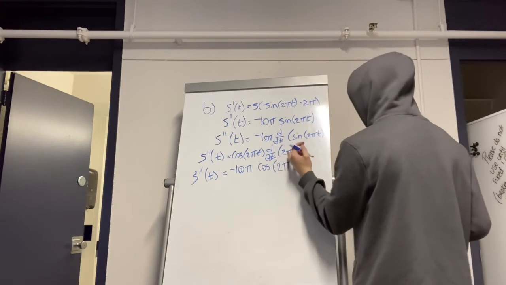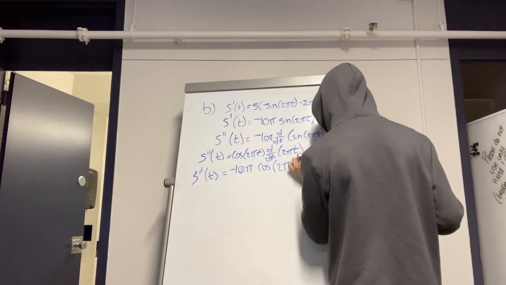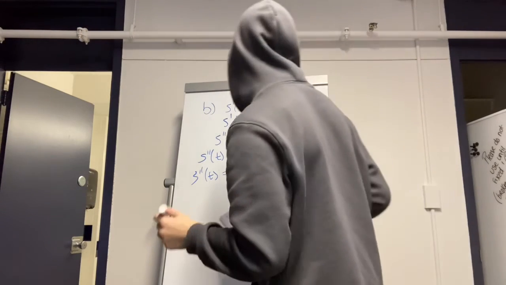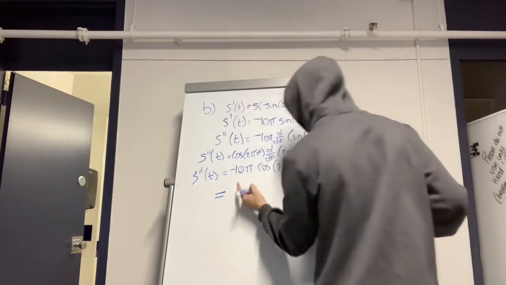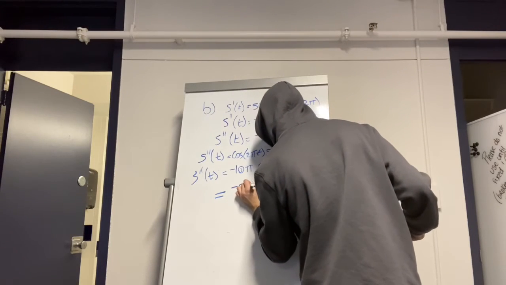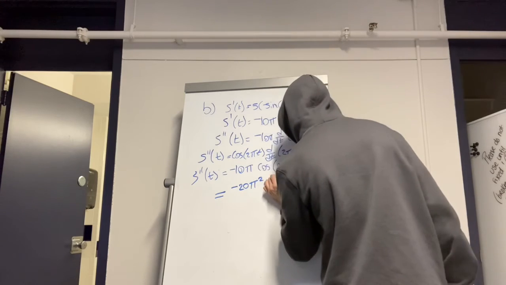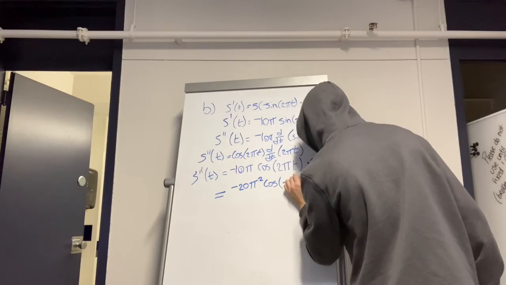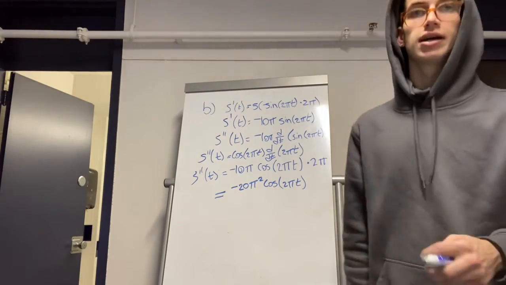Then we'll do the derivative of this. The derivative of 2 pi t is just going to be 2 pi. And then from here we can just simplify all of this. We can simplify this to negative 20 pi squared cosine of 2 pi t. That's how we find the acceleration as a function of t.